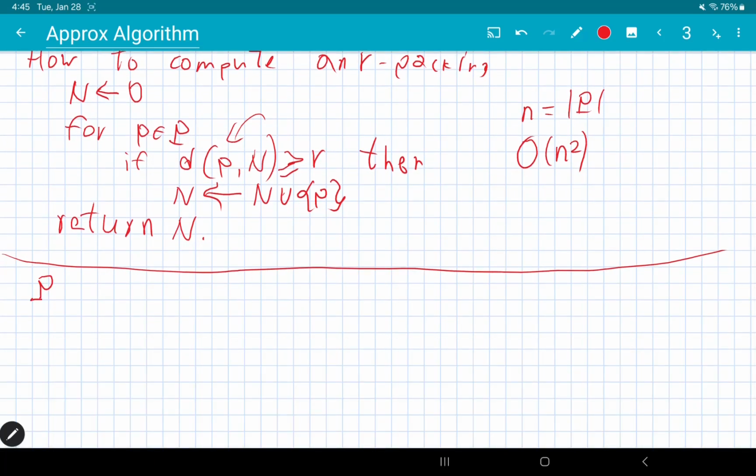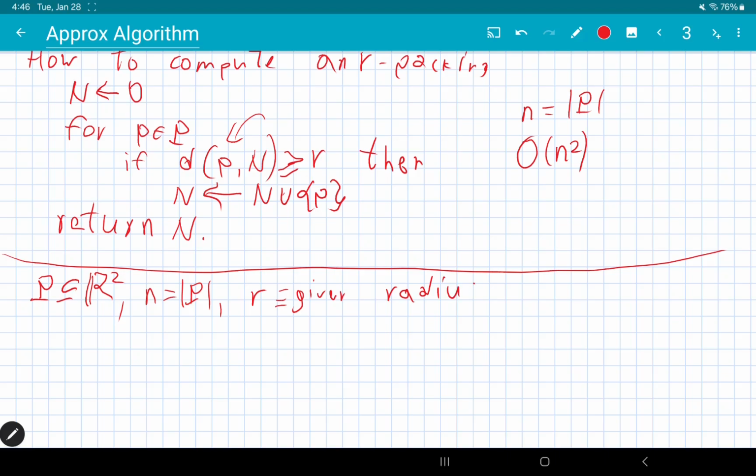So let's look at the case that the point set we are trying to compute our packing for is in low dimensions. In particular, I'm going to describe the algorithm in the plane to make it clear what I'm talking about. We have n points, and R is given to us as the given radius.